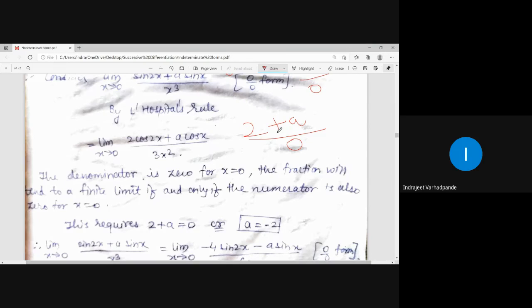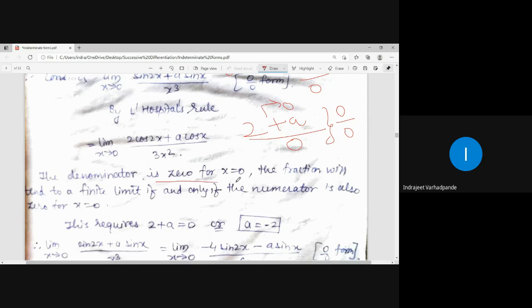Just now what I was saying is, when this is the case, the denominator is tending to 0 but the numerator is non-zero. But to evaluate the value, I have to express it in the form 0 by 0, so this numerator should also tend to 0 so that we can find the value. Is it clear? Did you understand the logic behind this?